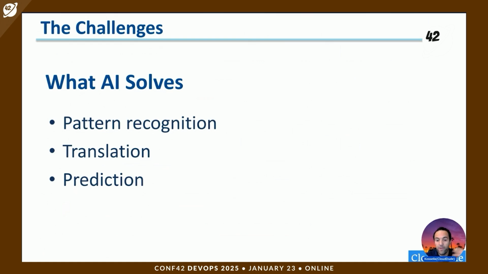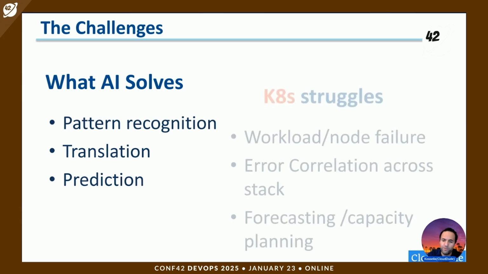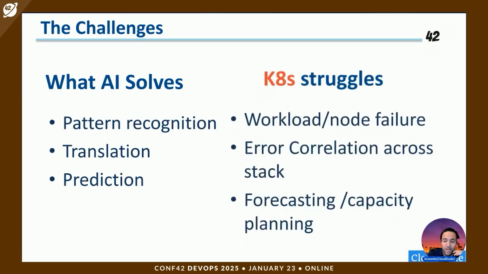It is, of course, very good at pattern recognition, looking at the repetition, a lot of noise, translation, translating noise into signal, and predicting the next token, for example. Right. But that's also funny because the problems we usually struggle with as SREs and k8s clusters are also pattern recognition, translation, and prediction, right?